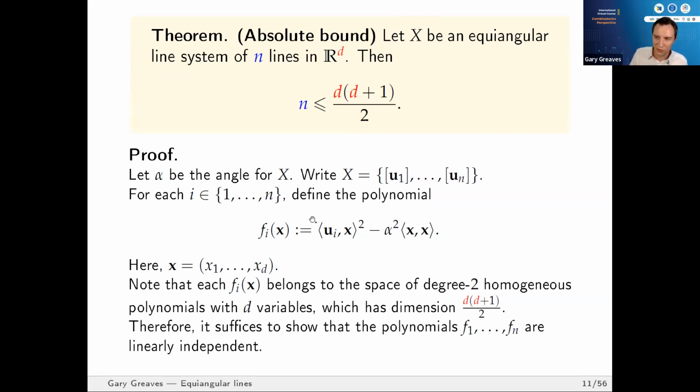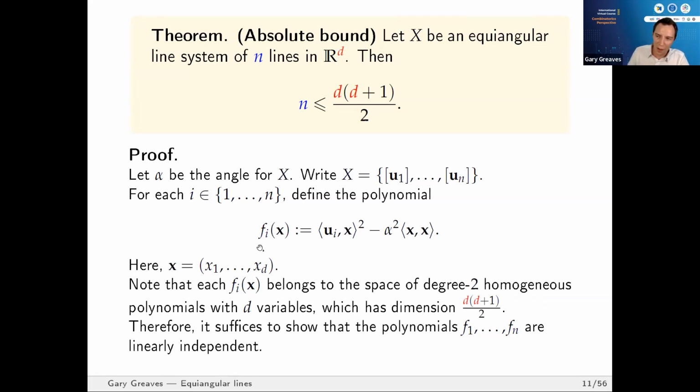And so in order to get this upper bound, we can just show that the polynomials we defined are linearly independent. If they're linearly independent and they live in a vector space of a particular dimension, then the size of a linearly independent set is bounded above by the dimension of the vector space.